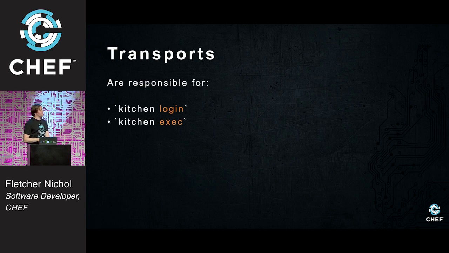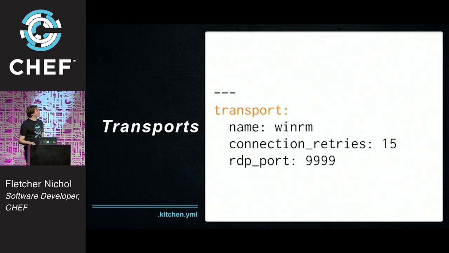And then finally, transports. They are responsible for two actions, the login and exec. So they understand how to talk to your instance. And here's an example. I'm super happy that it's out there now. Test Kitchen ships with two transports, SSH and WinRM. And this would be an example of choosing the WinRM one, which means you are issuing commands over WinRM, so you're issuing PowerShell commands, and you're transferring files over WinRM, which was not easy, but it works.